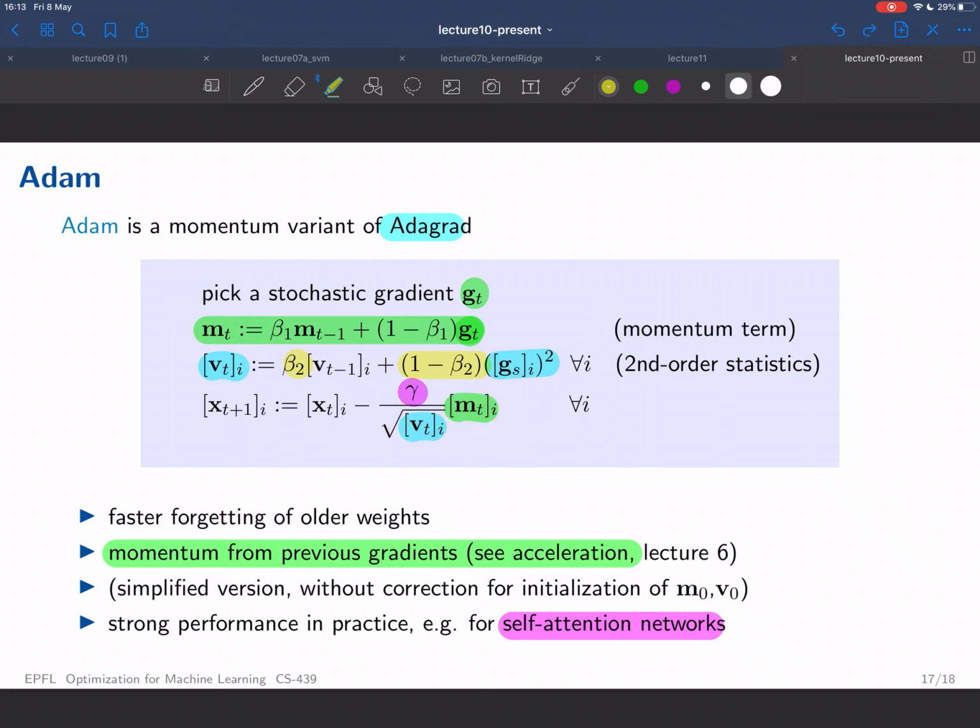Then this update does something similar to taking the current gradient but ignoring its coordinate magnitude and just applying its sign, right? If you take M divided by its magnitude, what you get is the sign. So this is related if you only use the current one, for a special decay factor.